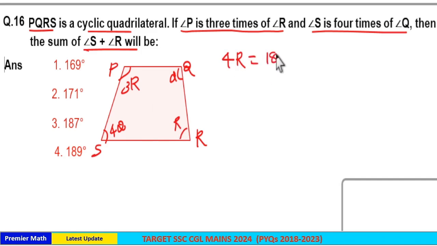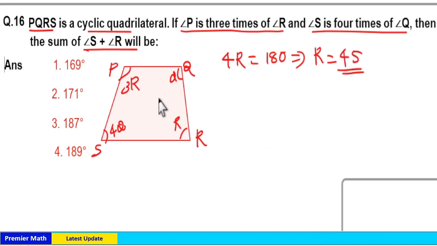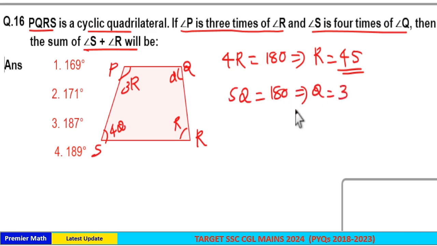So 4R is equal to 180 means R is equal to 45 degrees. In the same way, 4Q plus Q is equal to 5Q. 5Q is equal to 180 degrees means Q is equal to 36.